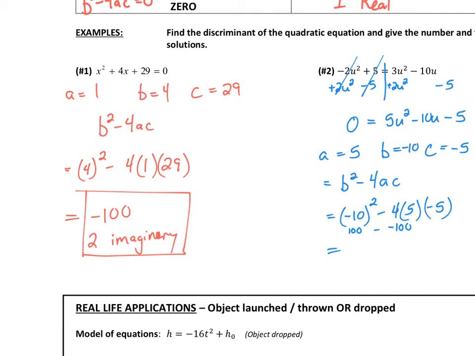When you do this, minus a negative becomes plus a positive. So really the discriminant equals 200. So we would have 2 real solutions. It's positive. Positive means 2 real solutions. Negative is 2 imaginary solutions. And 0 would be 1 real solution.